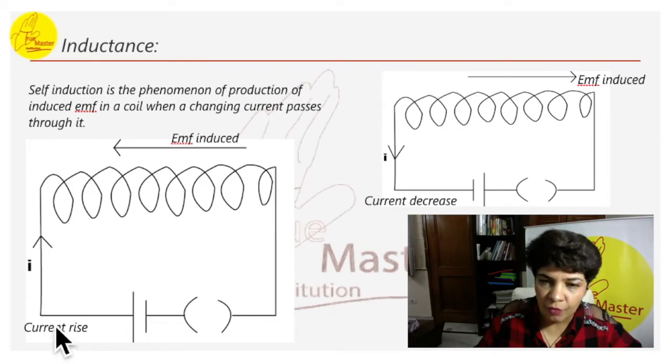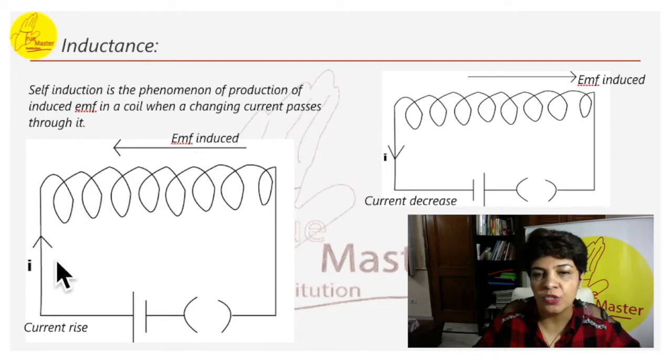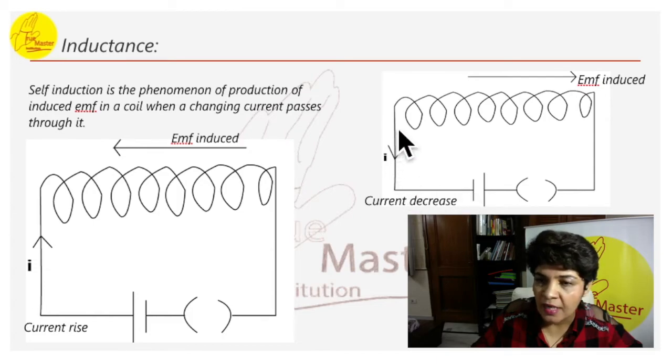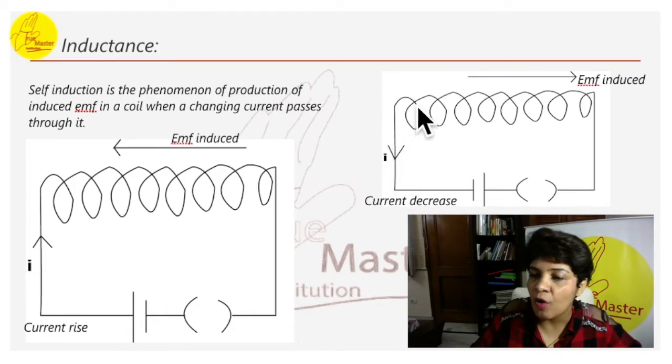When the current starts flowing in this circuit, immediately an EMF is induced which opposes this current. It is trying to stop the current from entering the circuit. The moment we switch off the battery, the current is decreasing, and then the EMF will be in the opposite direction, trying to fill up that gap, kind of saying please don't go. So it's trying to run in this direction.